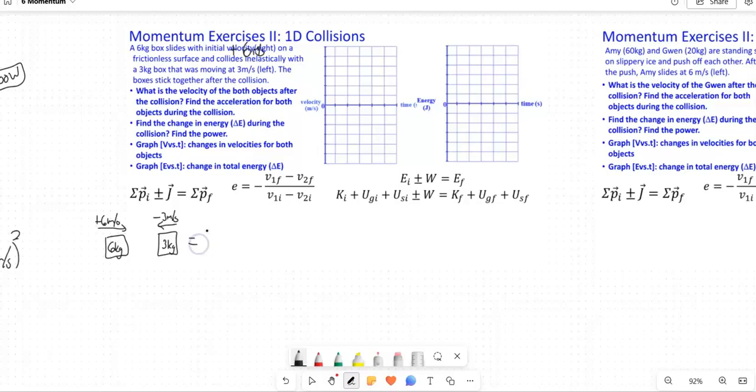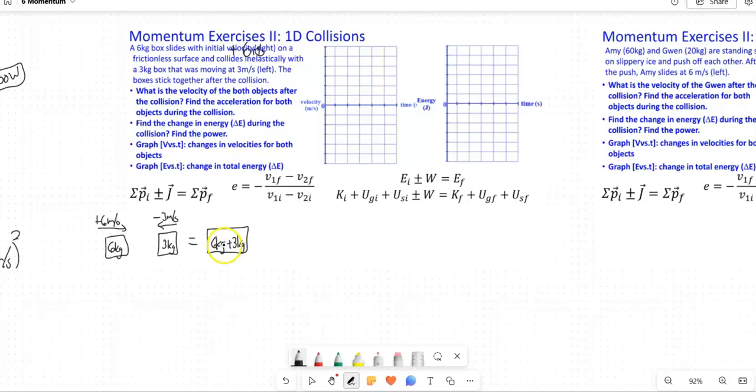After they hit, it says there is an elastic collision, which means we cannot use this coefficient of restitution. 6 kilograms plus, actually, hold on, I don't know that for sure. I know it's predictive for elastic collisions. Let's not worry about that for right now. We're not going to need it anyways.